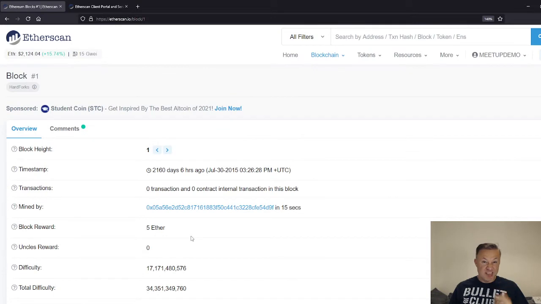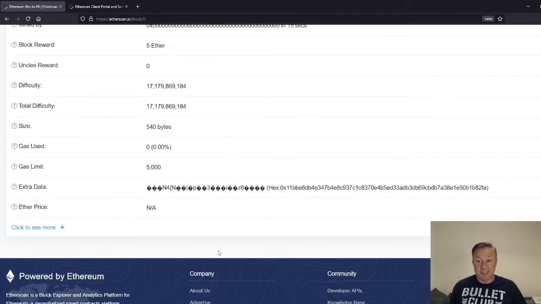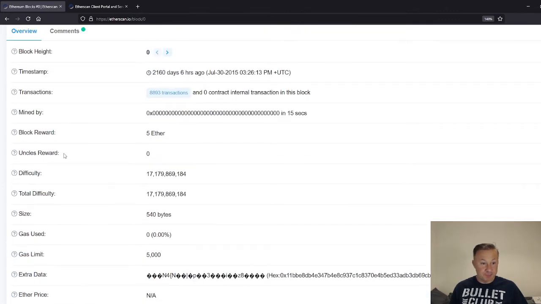So a little bit of history there. You can also, if you change that by using the left and right arrow, go back to the original Genesis block for Ethereum. Not that you can do much with it, but just an interesting fact.